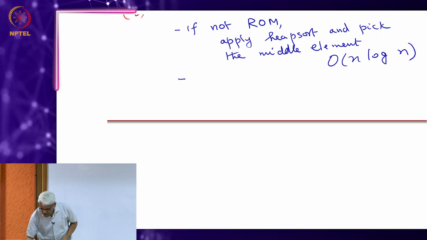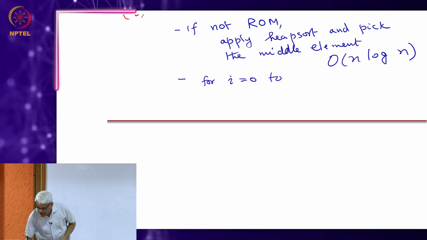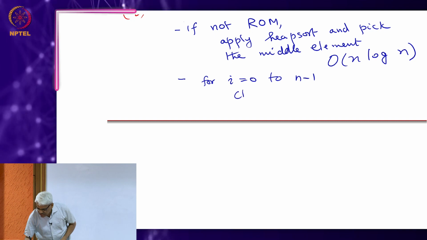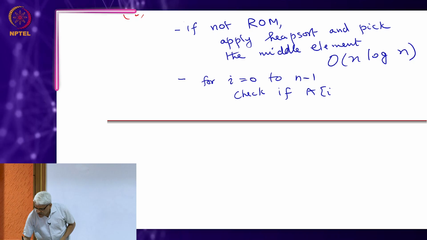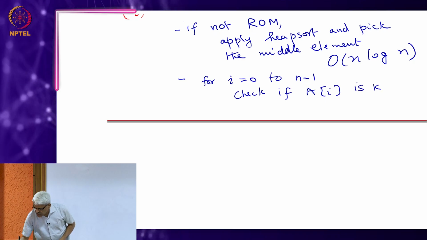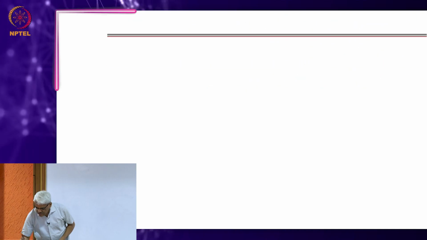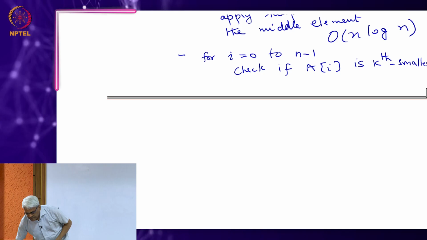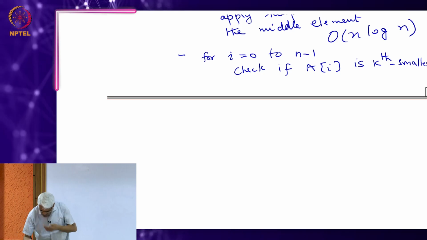So it will be for i going from 0 to n minus 1, check if a_i is the kth smallest. That's it. And how do I check this?